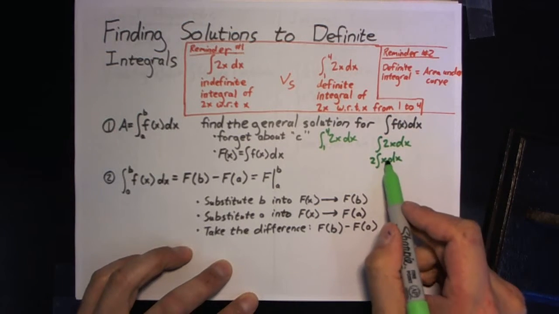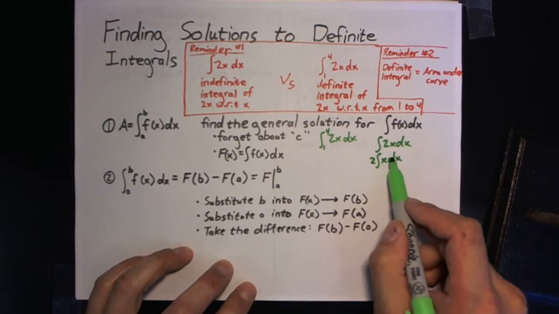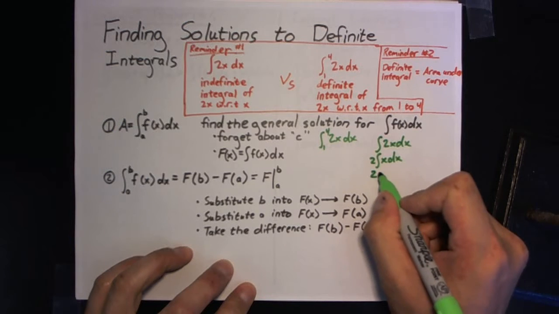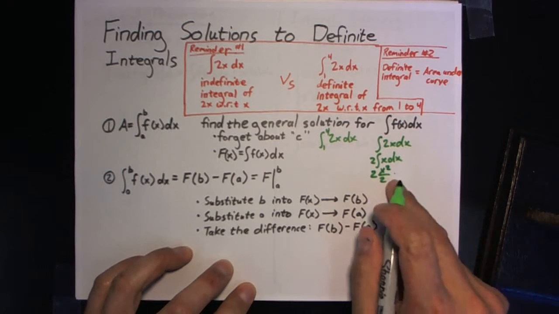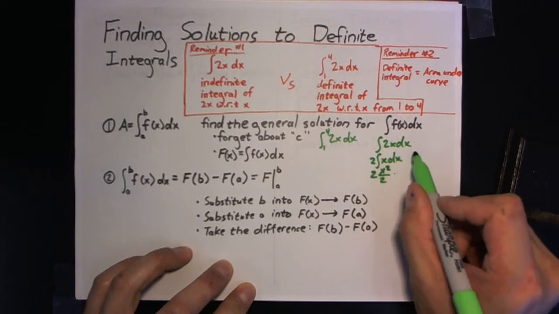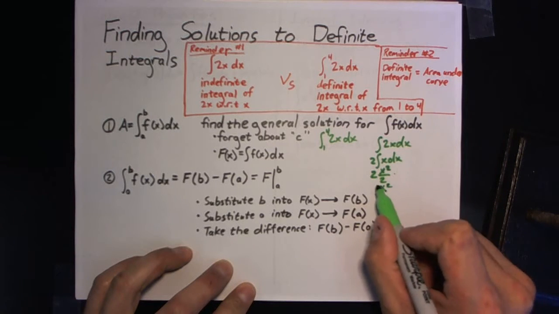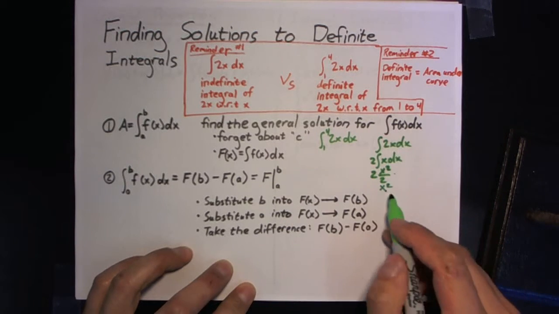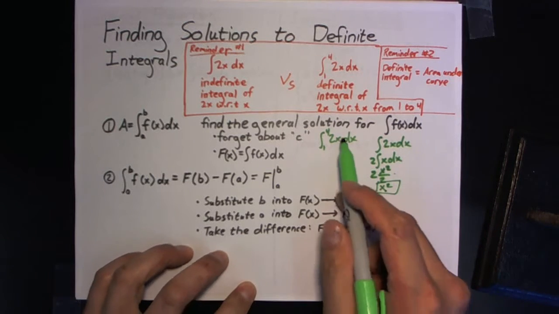Apply the power rule: this is x to the first power, and so taking the integral of it, it becomes x squared over 2, and you can forget about the plus c. So this in turn becomes just x squared. That's the indefinite integral. But you're not done yet.